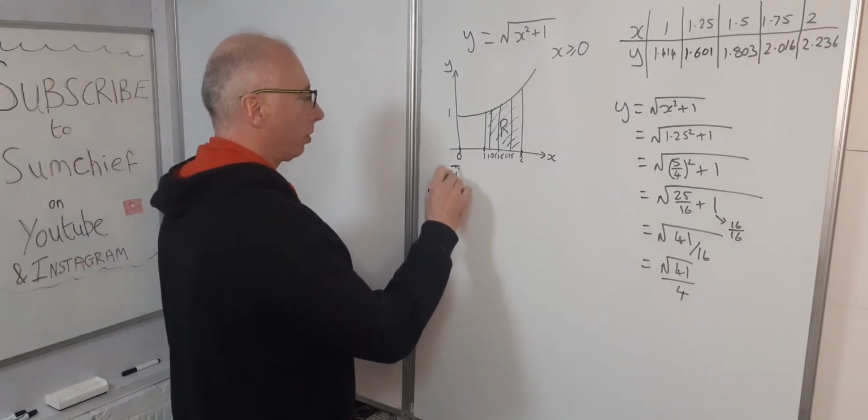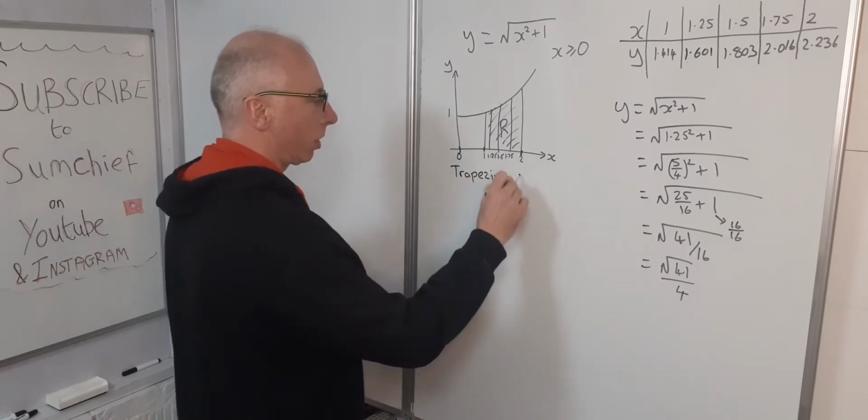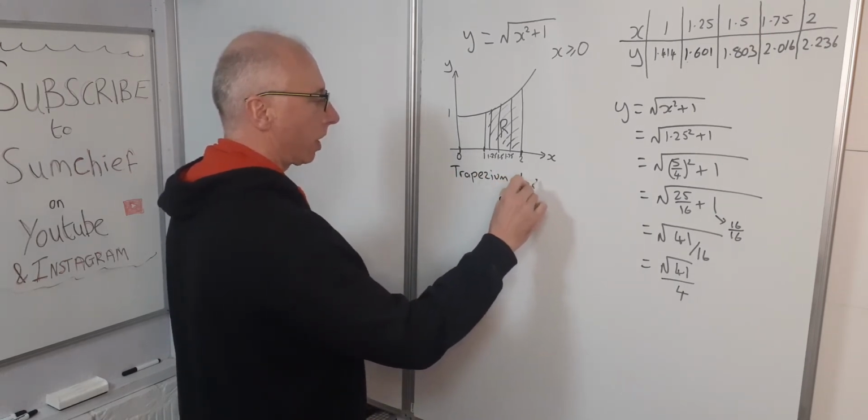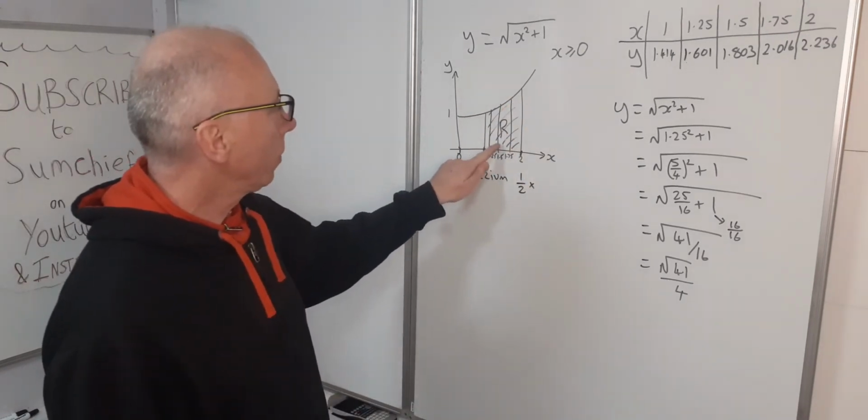Now the Trapezium Rule is an estimation theorem where we do half times the length of the gaps between each of these.